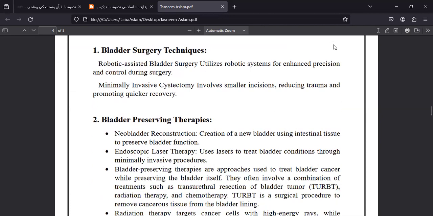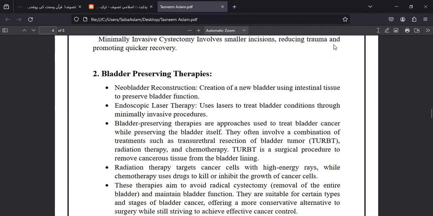Next, I will discuss bladder reconstruction and bladder-preserving therapies. New bladder reconstruction creates a new bladder using intestinal tissue to preserve bladder function. Endoscopic laser therapy uses lasers to treat bladder conditions through minimally invasive procedures.